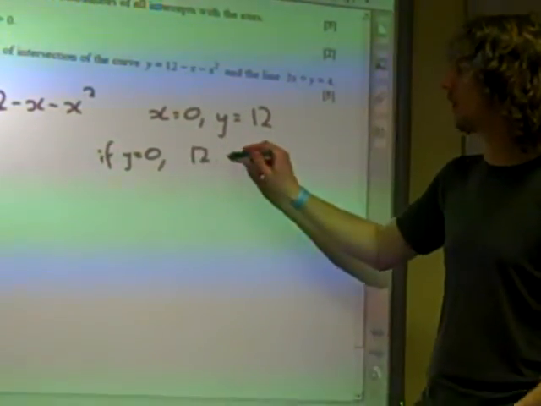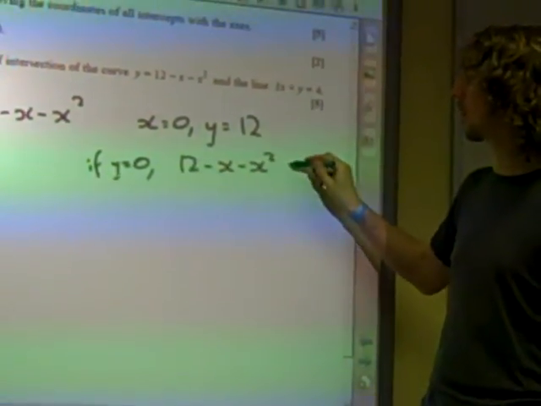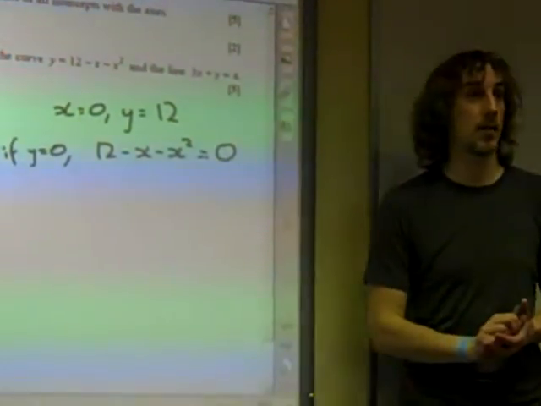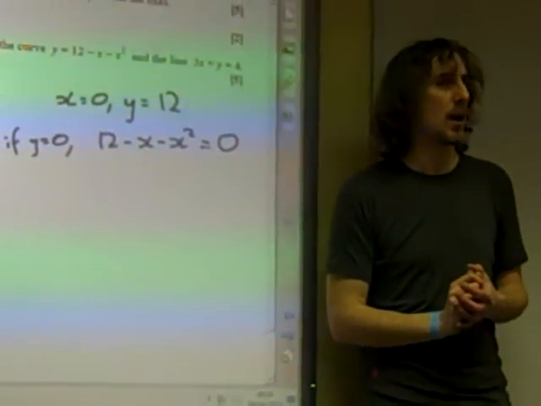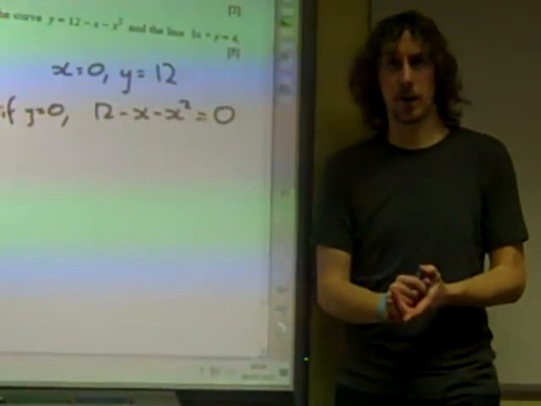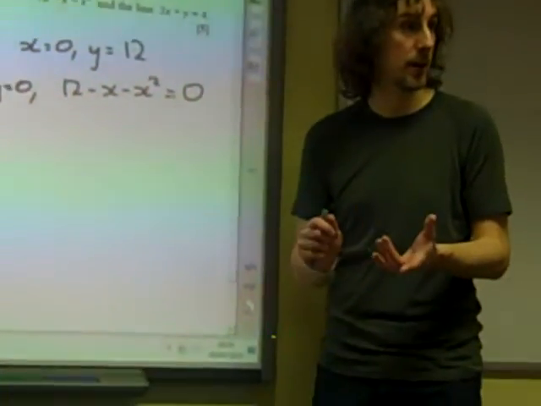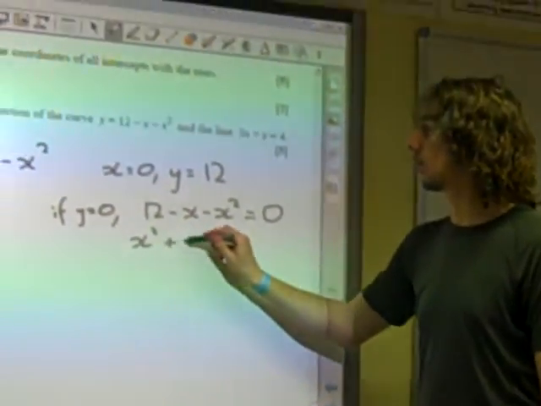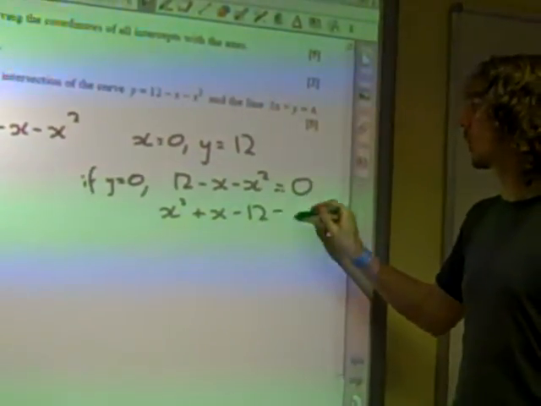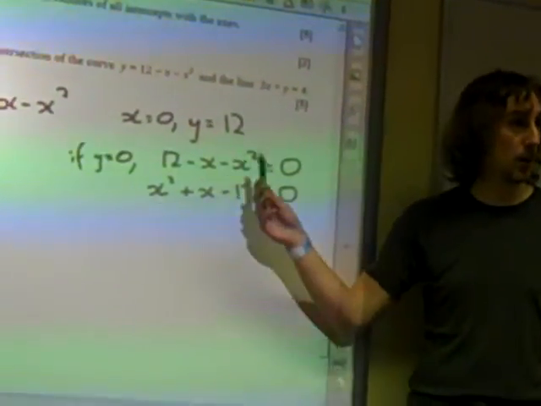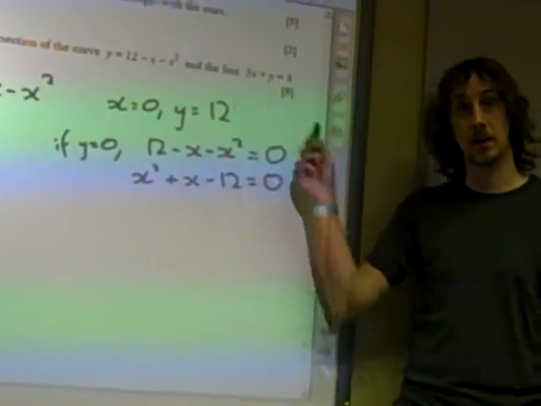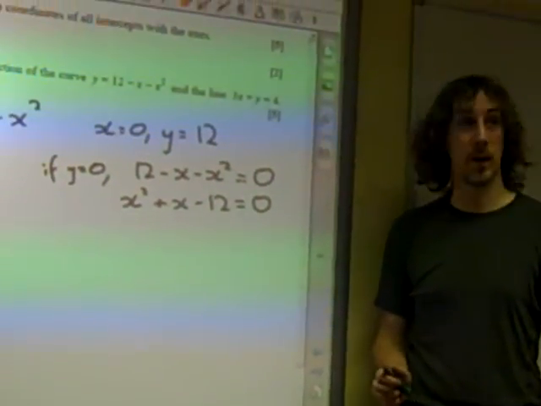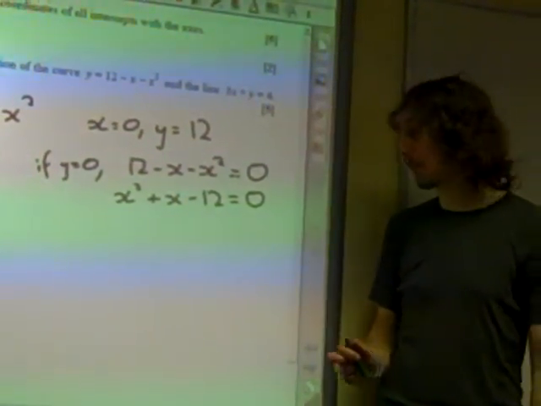That gives us 12 minus x squared is equal to 0. We might feel confident enough to factorise this straight away. Or we might feel happier if we multiply everything by -1, take everything to the other side and deal with that there.